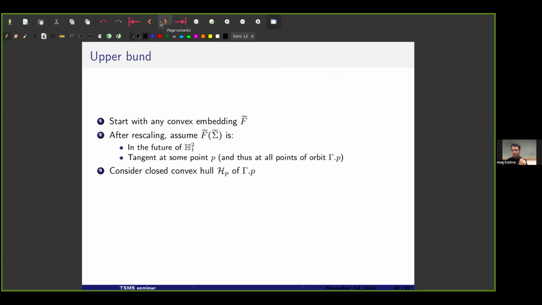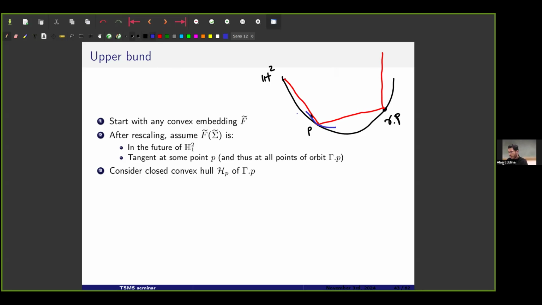So let me say this. We have the hyperboloid. We have our point P. Its orbit is right here. And now we are going to take the convex hull of the orbit, the convex hull in the usual sense. And our surface, our embedding f tilde, as we said, is tangent to H2 at this point. So it is somewhere here.